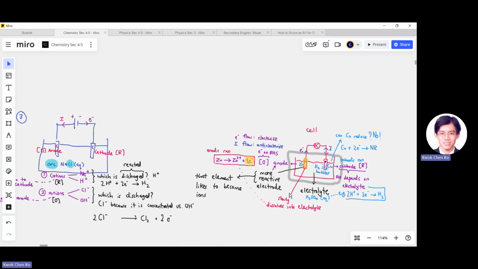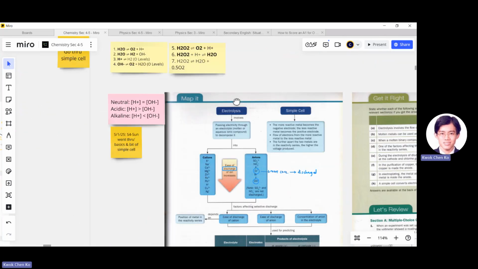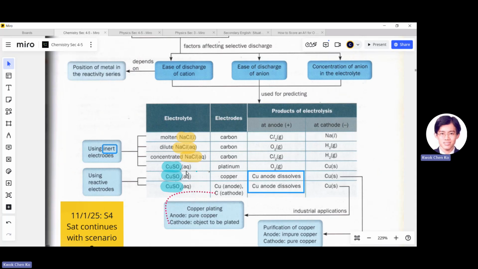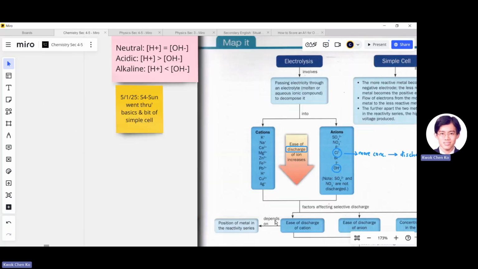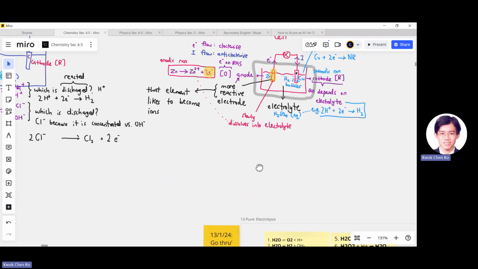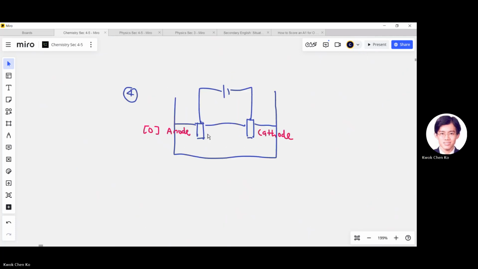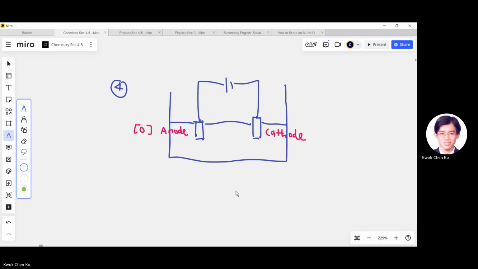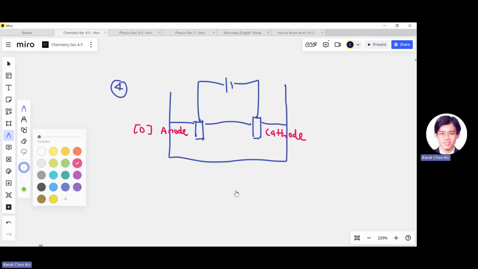Also watch carefully, read carefully. Copper sulfate, did they mention concentrated? No, they didn't say that. So we assume all of them are dilute. Draw the electron flow, draw the current flow if you want to.